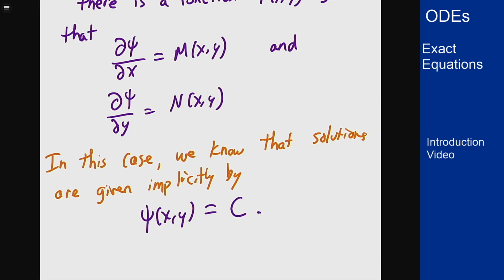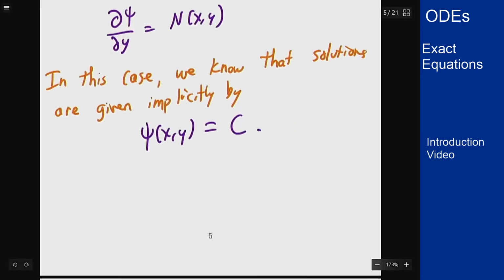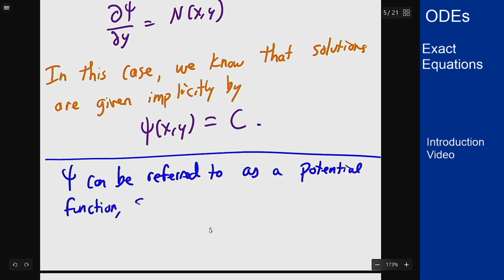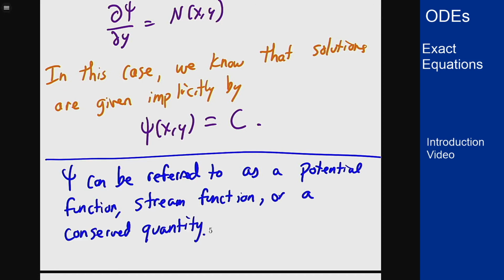Now, these types of equations do show up in other fields besides just your math classes. You will sometimes hear this psi referred to as a potential function, a stream function, or a conserved quantity. That last one usually relates to energy. If I have the total energy of a system that is conserved as time goes on, then I can define the solutions this way because the energy will always be constant.